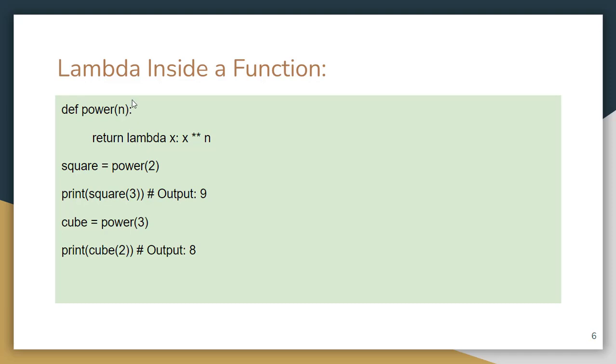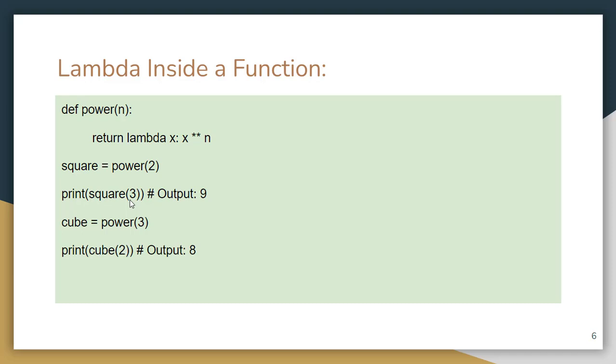And during calling of the square function, print square 3. 2 is stored in the power function's n. Whenever we write print square 3, here 3 is stored in x, and the output is 3 to the power 2, that is 9.